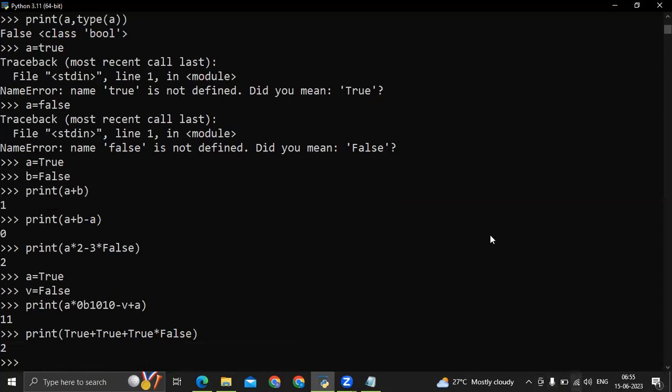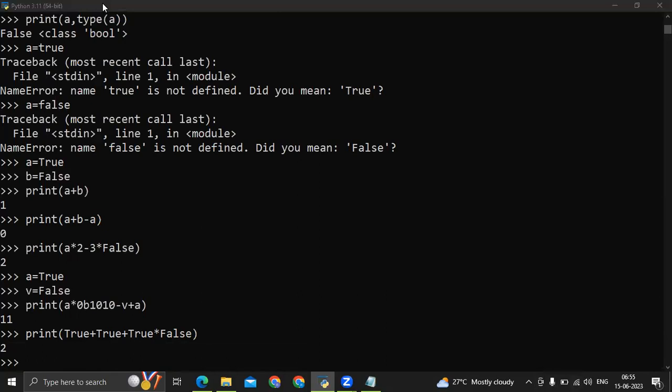We will get 2. Minus B, what is minus B? I have given it a value B, so I'm just making the calculation: A into the binary format, then minus B plus A. Is this clear, students?